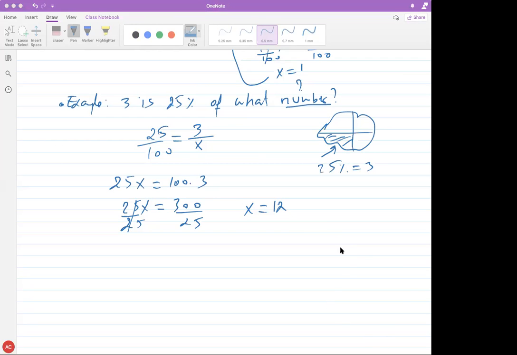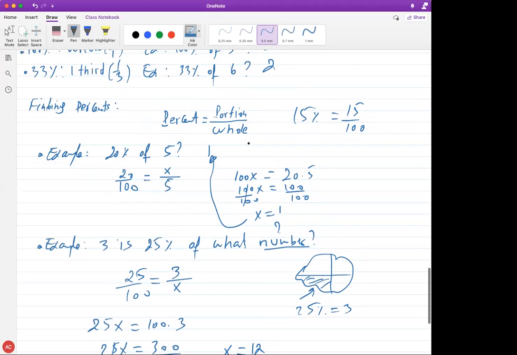Okay, 300 by 25 is 12. So that's pretty much how you solve any percentage related problem, by using this formula here. It solves any problem with percents.